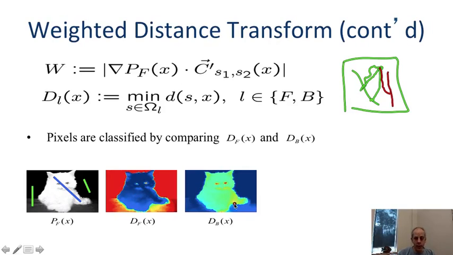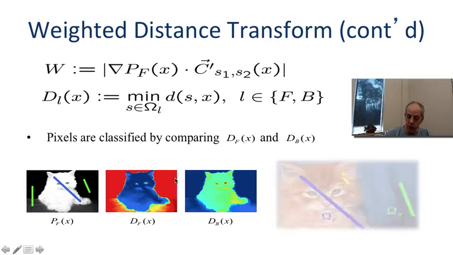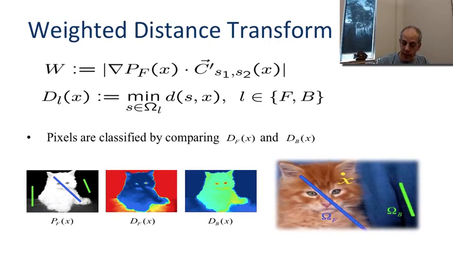So I want to repeat that once again. We first computed the probability based on the color distributions that the user has marked for us. Then I'm going to use a figure to illustrate. From every pixel in the image, let's compute curves that start at the pixel and finish at the scribble, and see what's the cost of traveling that curve.